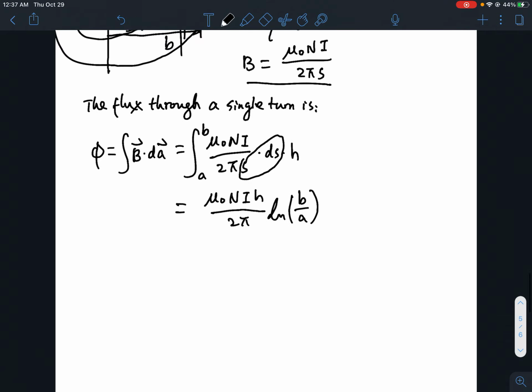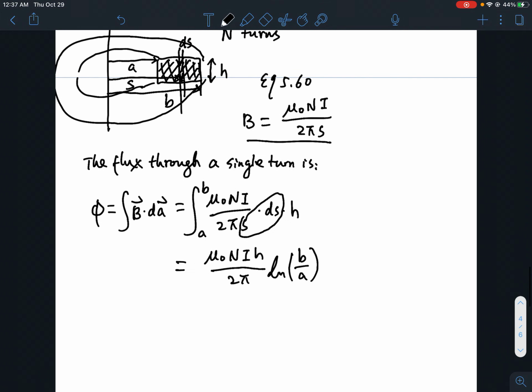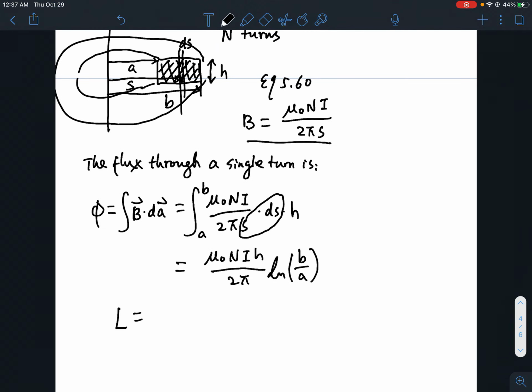Now the flux linkage is really n turns, then divided by the current. So what do we have? We plug in: mu 0 n squared times h over 2 pi, since i just cancels.